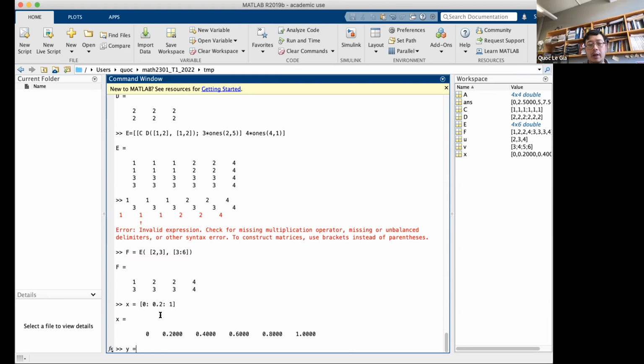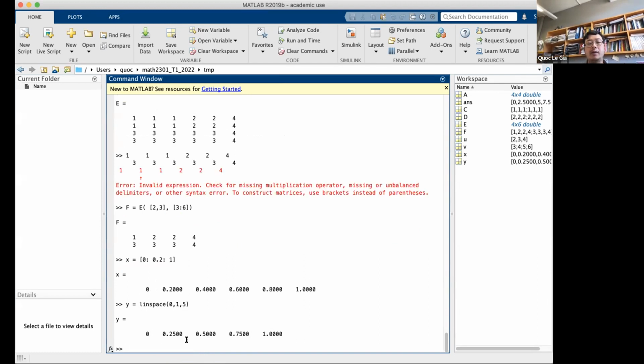But if I use linspace, 0 to 1, then how many elements should I put here? If I put 5, then it divides into 4 equal spaces. Right? So I start from 0, then 0.25, 0.5, 0.75, and 1.